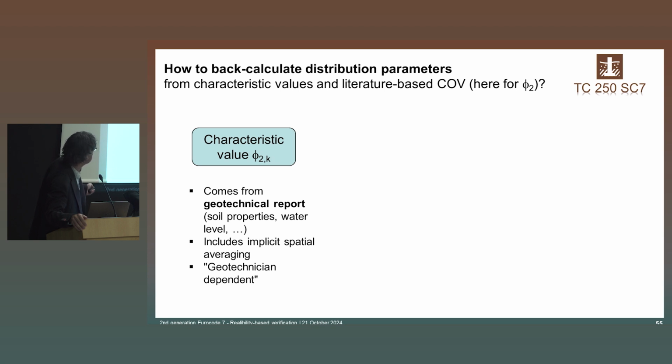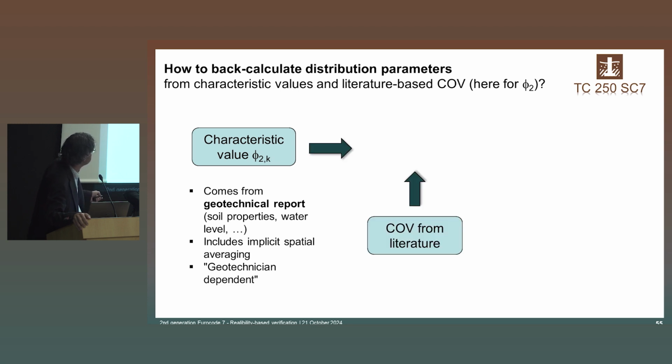It actually already includes implicit spatial averaging, and this is obviously geotechnician dependent, so if you take two different companies, maybe they will come up with two different friction angles, but that's the whole point of using a probabilistic analysis, right? Then I take this coefficient of variation, which is denoted V actually in the guidelines.